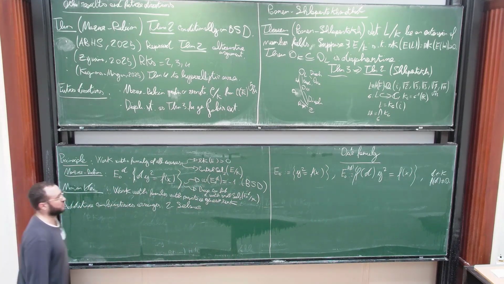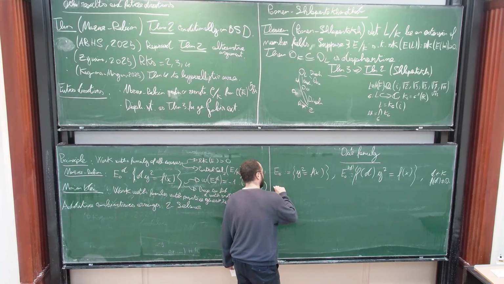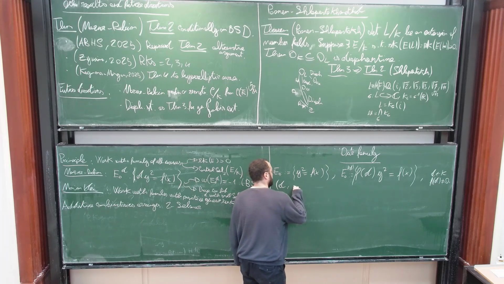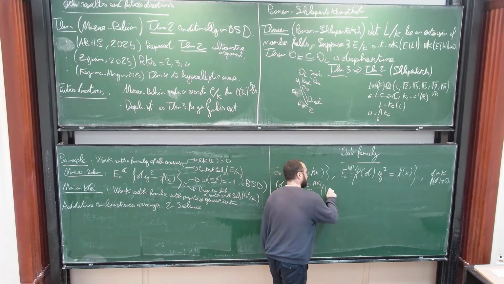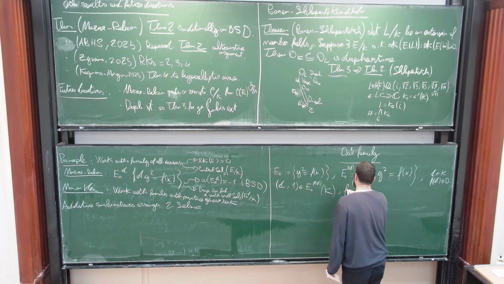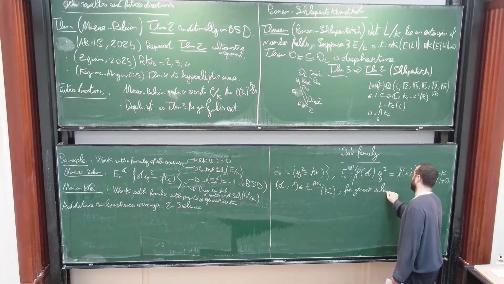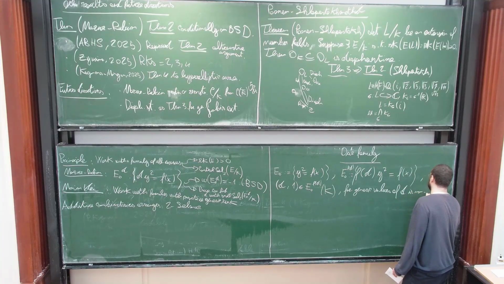And what is not so hard to prove is that this has generic rank that is positive. So generic rank is positive, and the generic section here is, of course, x equal d, and (d, 1) is always a rational point. And you can prove that for generic values of d it is non-torsion.